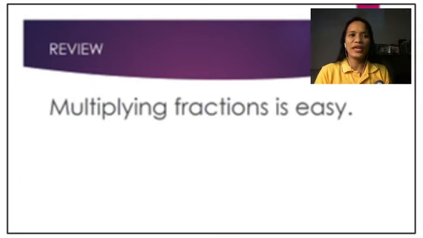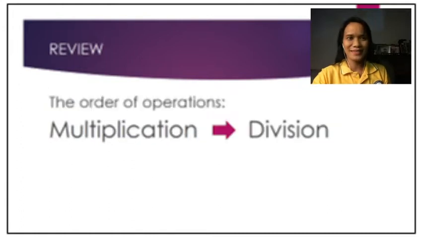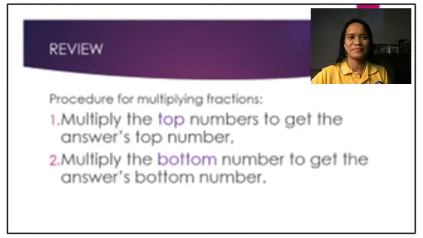So let's do a quick review. Multiplying fractions is easy. The order of operations tells us that we can do multiplication before division. The procedure for multiplying fractions is to multiply the top numbers first to get the top number answer and multiply the bottom numbers to get the bottom number answer.